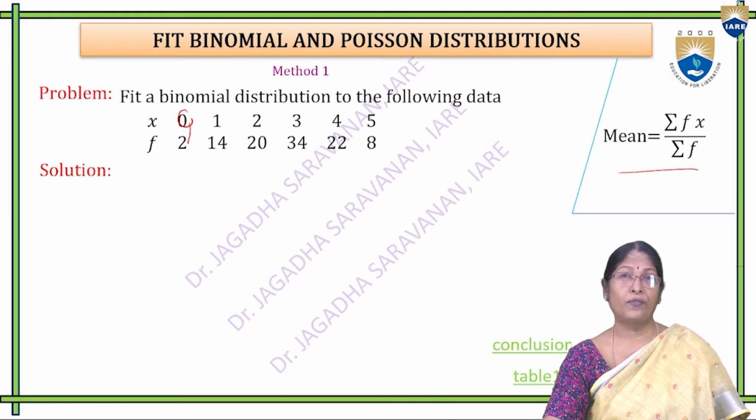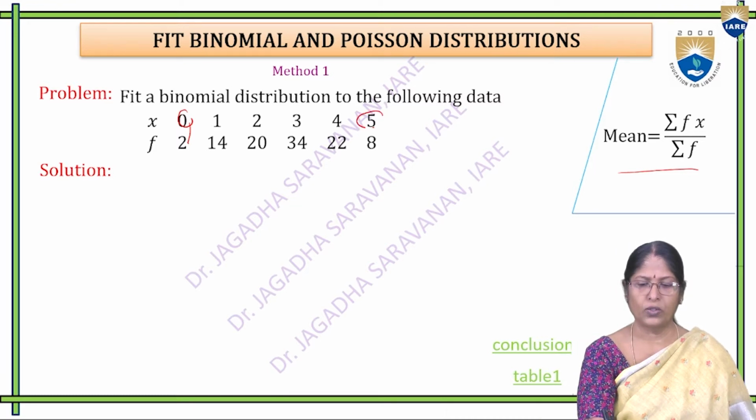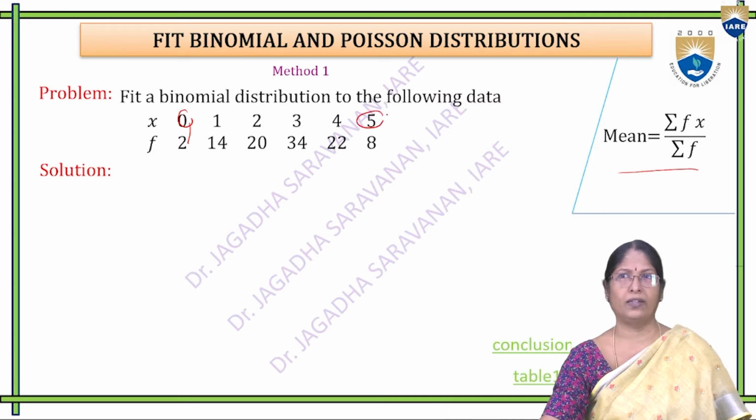From the data, 0 to 5, the 5 represents small n. We know the binomial formula is nCx p power x q power n minus x. To substitute, we need p and q, but those are not given in the question.